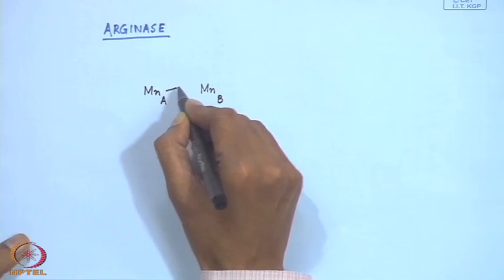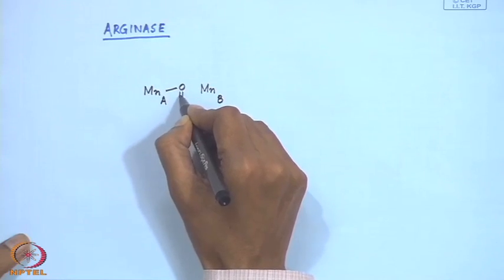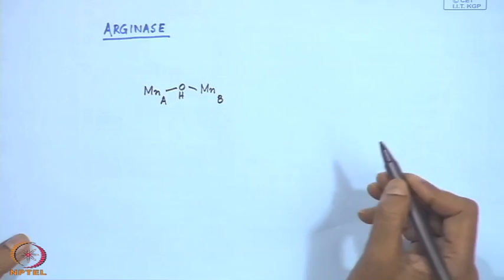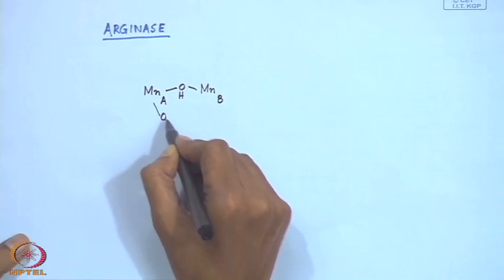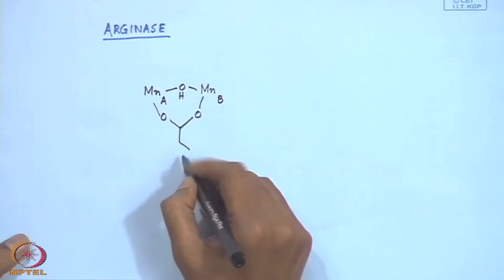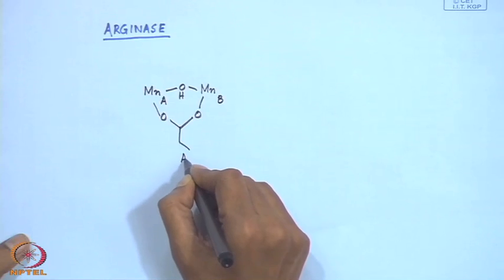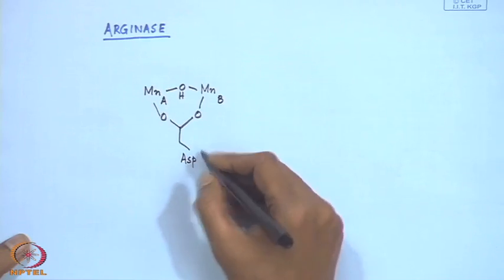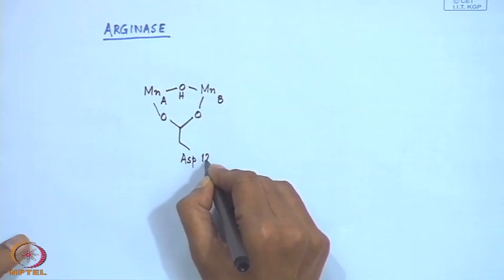Now you have OH bridging, and this we already know, and immediately you can go for carboxylate, now aspartate, that residues may be different.